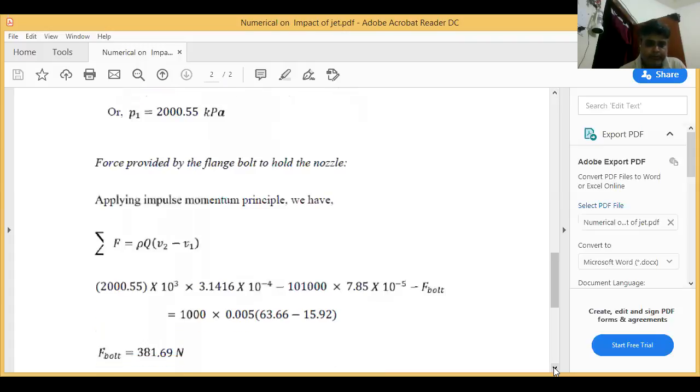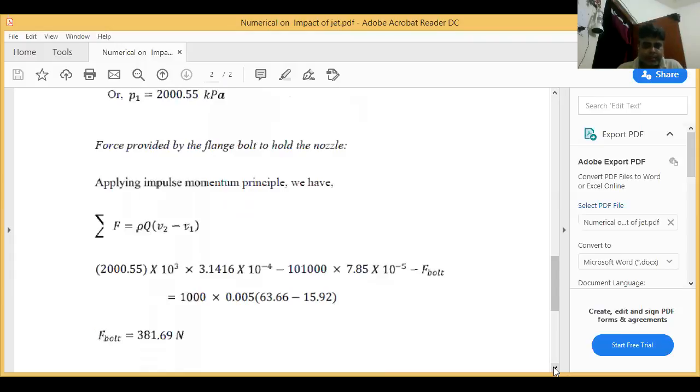Now, here P1 is 2000.55 into 10 to the power 3 into area 3.141 into 10 to the power minus 4, minus P2, which is 101,000 into area 7.85 into 10 to the power minus 5, minus force of bolt, is equal to rho, that means 1000 into Q, 0.005, into (V2 63.66 minus 15.92).